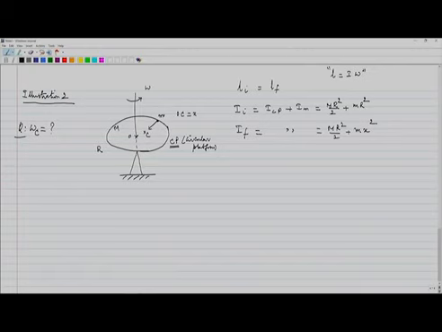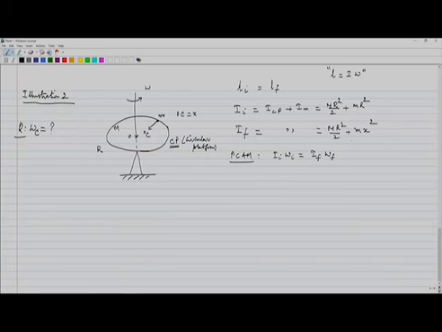Now I am going to make use of the principle of conservation of angular momentum, which says moment of inertia initial times omega initial is equal to moment of inertia final times omega final, right?